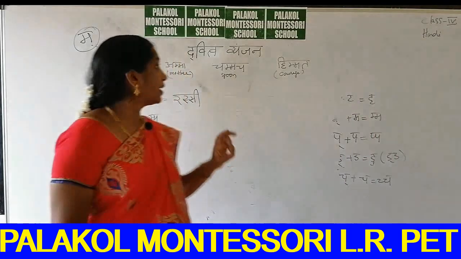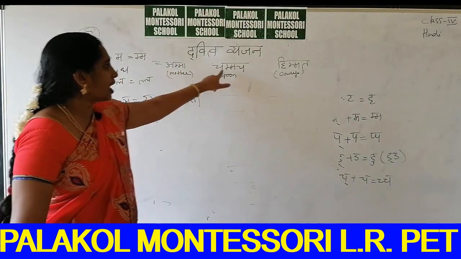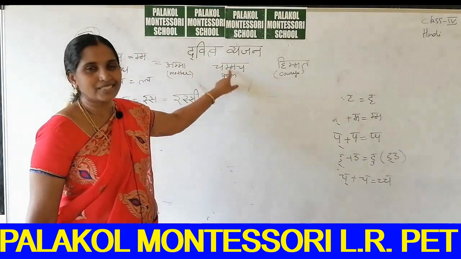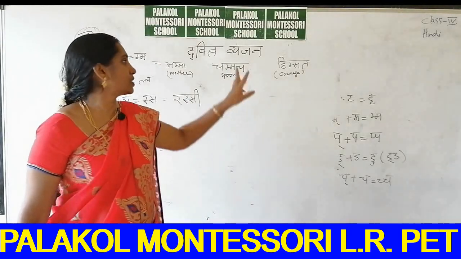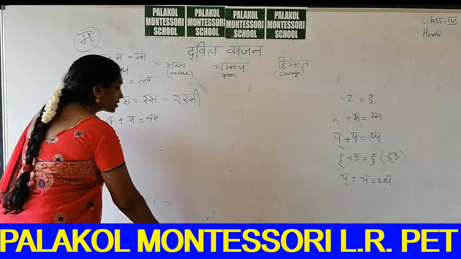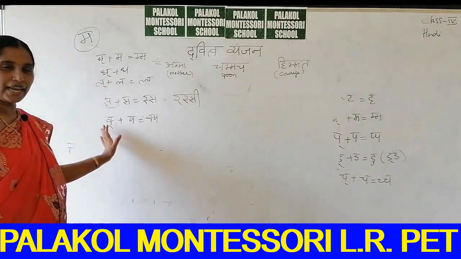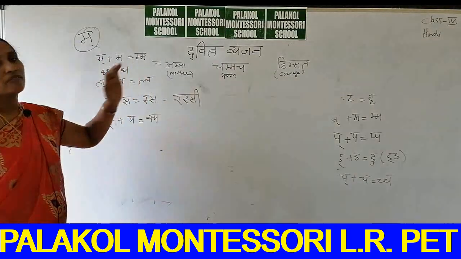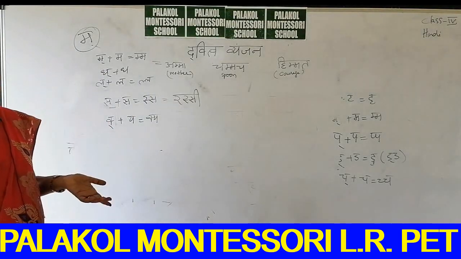For example, dual consonants are the same letters, like ma plus ma, whereas in samyuktakshars one letter is one vyanjan and the other is another vyanjan.